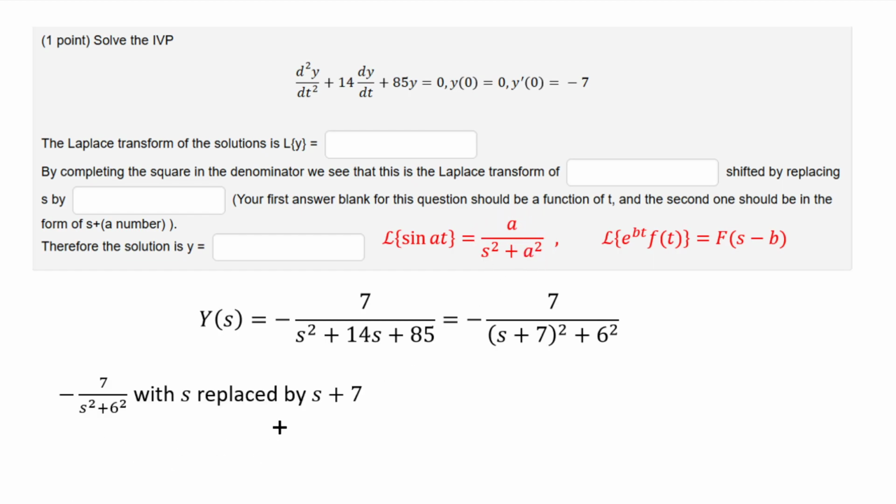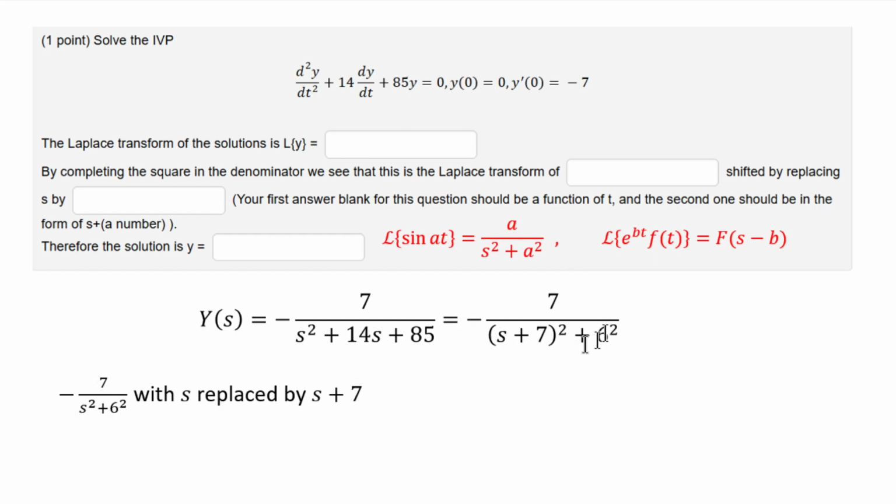And also because instead of s you have s plus 7, this is the formula, and if you replace s by s plus 7, this is what you get.